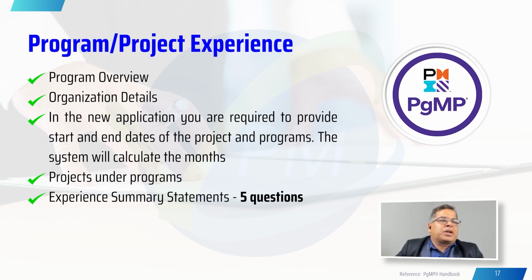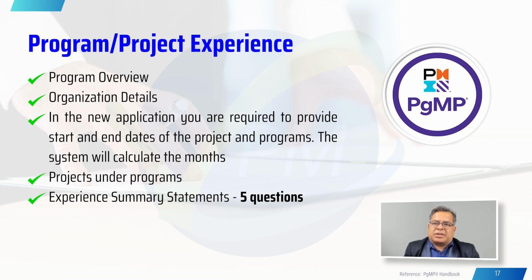Program and project experience. So now I'm getting into writing the application part a little bit. When you're writing your experience as a program manager, you're going to talk about your program overview.